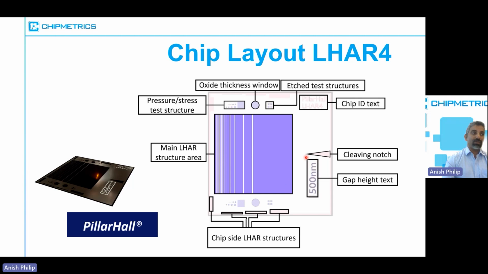If you hold this area, you are basically damaging the test structure. So in order to avoid the damage, you always hold the PillarHall chips in this area where we mentioned this cleaving notch. As I said in the previous slide, the gap height is 500 nanometer. So that is also mentioned.